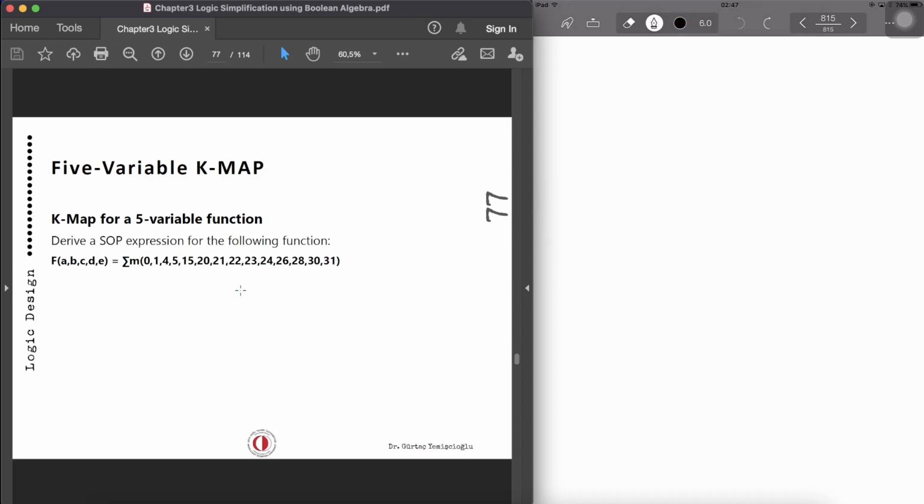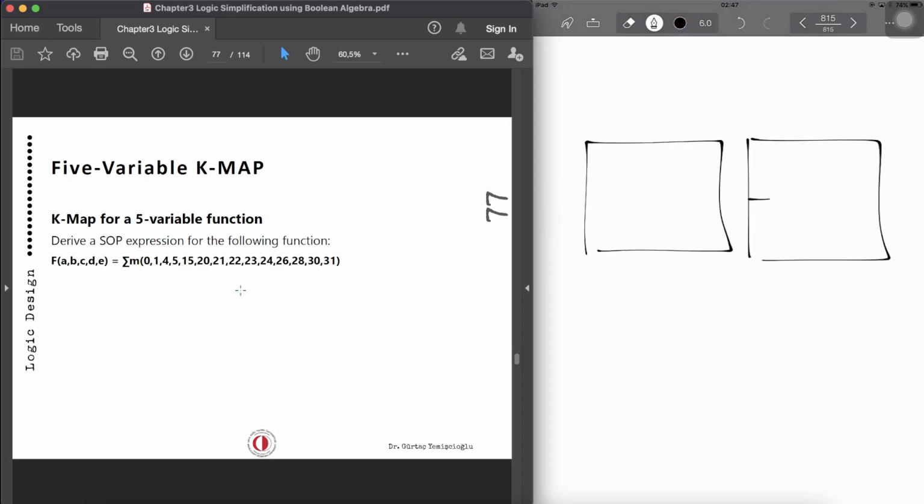For a 5-variable map, we need two 16-square maps. Minterms are given to us.